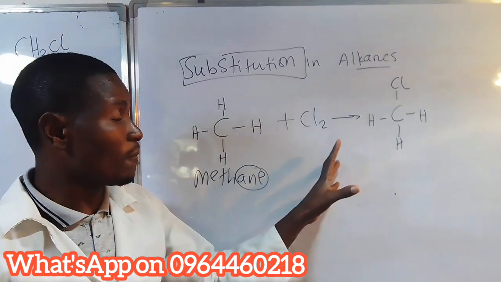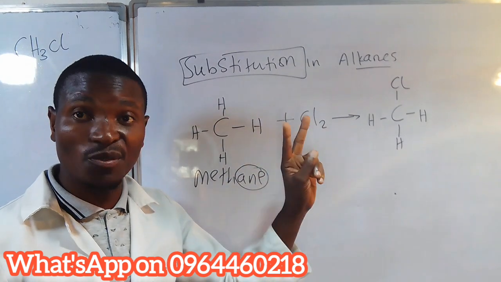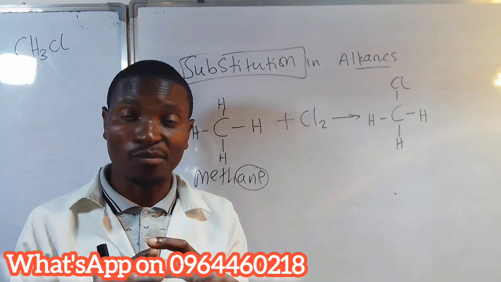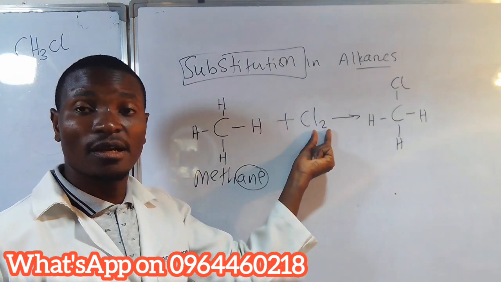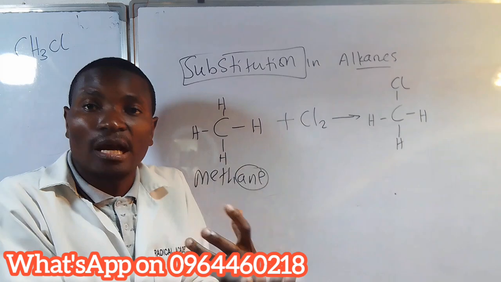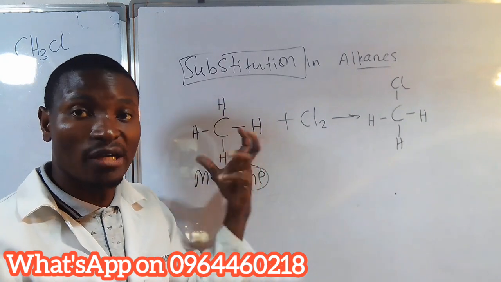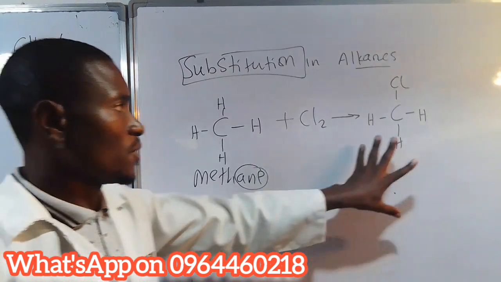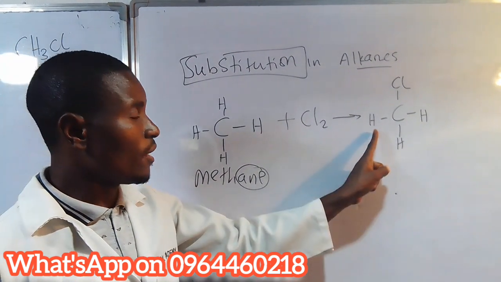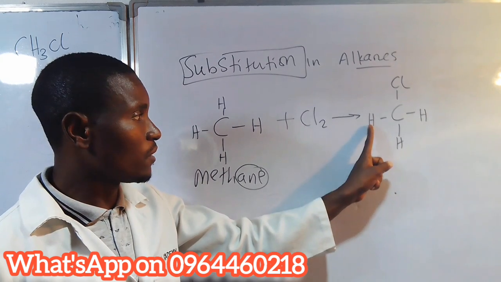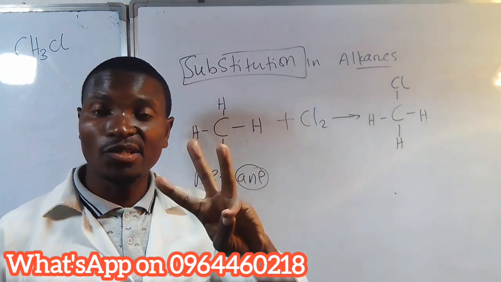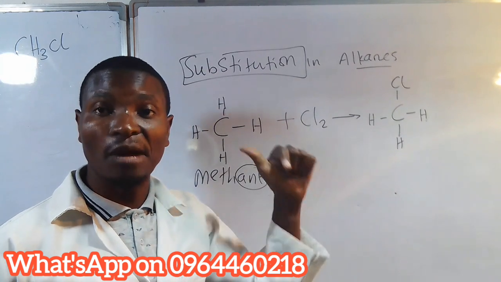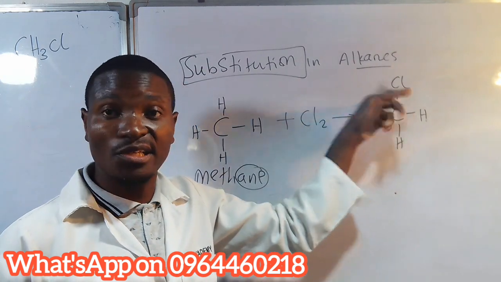We have two atoms of chlorine and we have 4 atoms of hydrogen surrounding the carbon. So two atoms can exchange or substitute with two atoms from the 4 hydrogen. To make it very simple, as a product we have 3 atoms of hydrogen, and 1 atom of hydrogen has been substituted by the chlorine atom, and this is what you see on top.